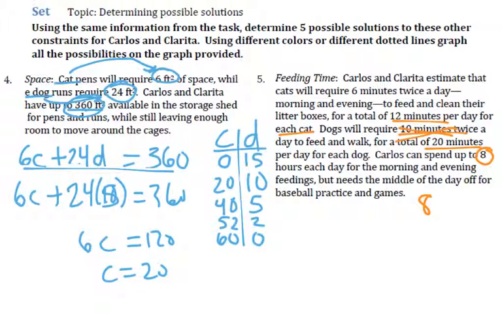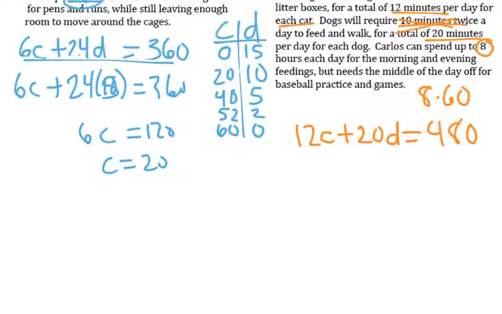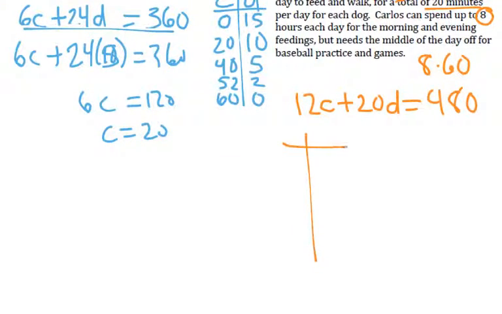Well, how many minutes is that? 8 times 60. What, 480? So we've got 480 minutes total that he can spend. Each cat is 12 minutes, plus each dog at 20 minutes. So we can come up with an equation like that, and now we figure out cats and dogs.